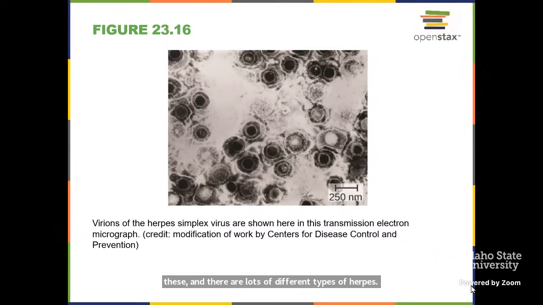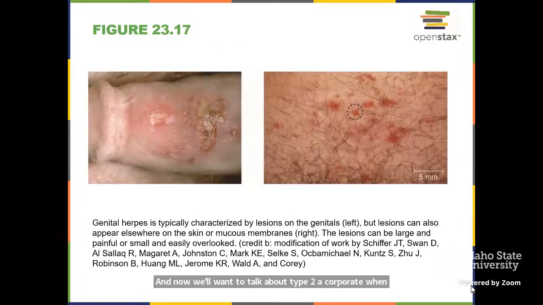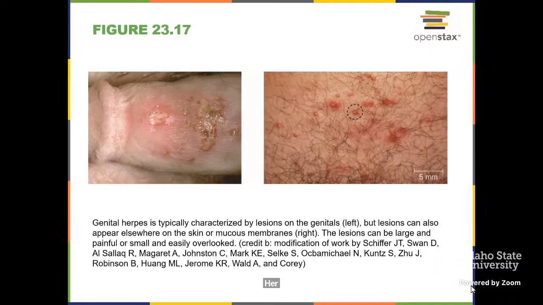We've talked about chickenpox as type 3. We talked about some cold sores as type 1. And now we want to talk about type 2, a culprit when we think about genital herpes. Not that type 1 and type 2 couldn't flip-flop in locations, because they definitely could. Just kind of depends on some circumstances.